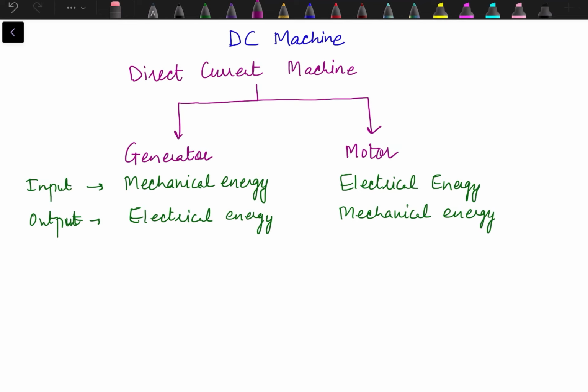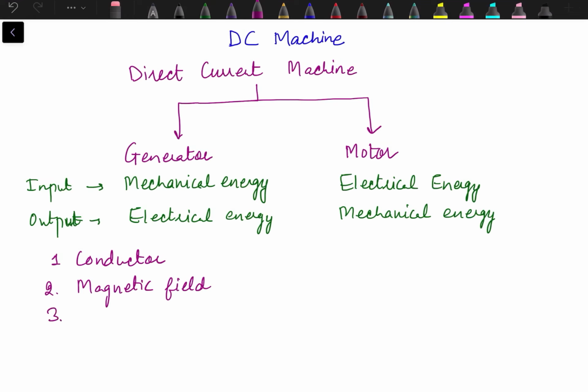The basic principle of all generators, irrespective of whether they are DC or AC, is the same. For a generator we need a conductor and a magnetic field, and either of these two, one should be rotating and the other should be stationary.